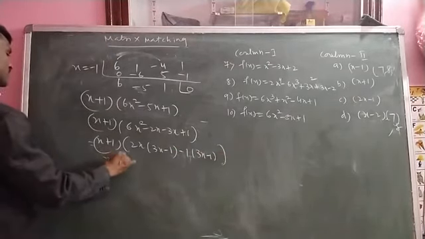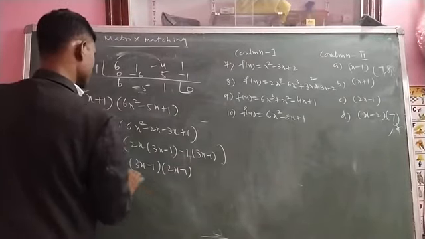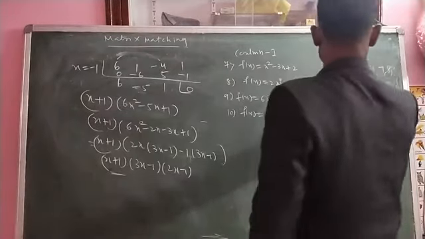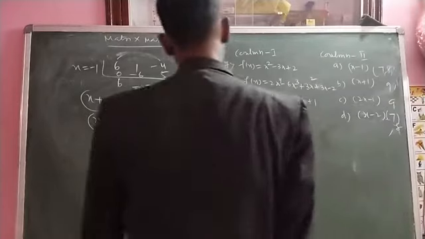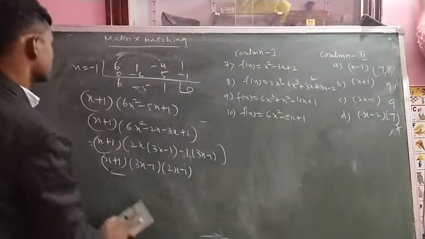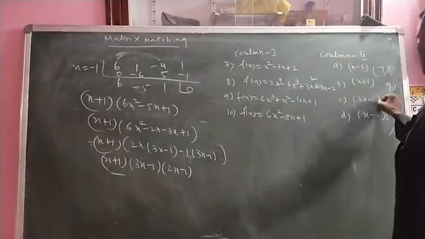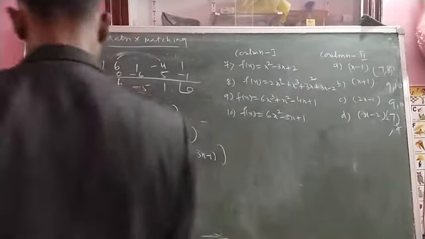Now x plus 1 into 3x minus 1 into 2x minus 1. Now x plus 1, this is the ninth one, and 2x minus 1, this is also ninth. Okay, last one is also the same, the tenth one. Okay, note down this one.